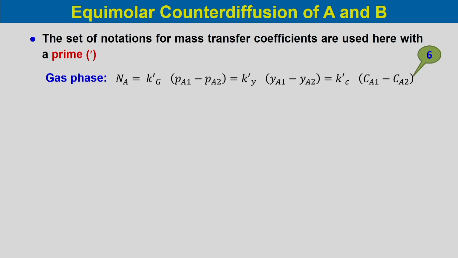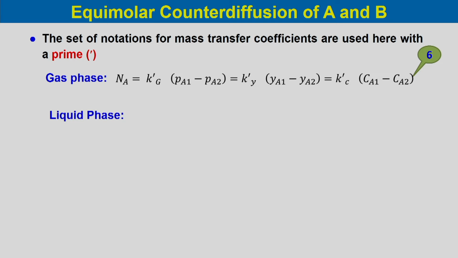So, like in gas phase, we can write NA would be equal to Kg dash into the partial pressure driving force PA1 minus PA2, which is equal to Ky dash into the mole fraction driving force, that is yA1 minus yA2, which is equal to Kc dash into the concentration driving force CA1 minus CA2.